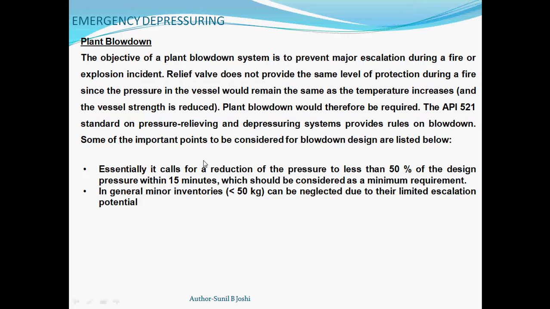Accordingly we have to design the blowdown system. So the downstream blowdown valve has to be accordingly sized for depressuring the equipment within that specified 15 minutes time frame. And in general, minor inventories like less than 50 kg can be neglected due to their limited escalation potential. So this is the typical guideline used for the plant blowdown.